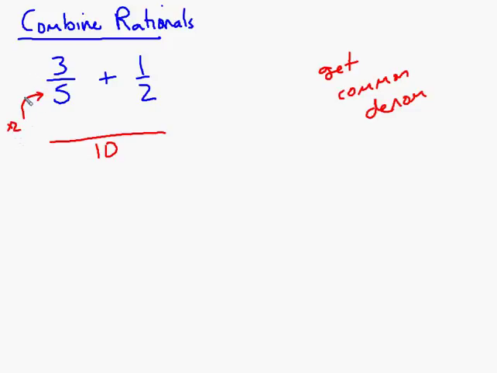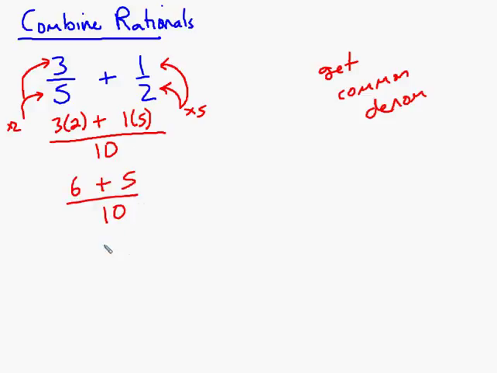Which means I also need to multiply my numerator by 2. So it would be 3 times 2 on top. Plus, what do I need to multiply this second fraction by? 5. Times 5, which means I need to multiply also the numerator by 5. So 1 times 5. All right, so we have 6 plus 5 over 10, which is 11 over 10, and we're fine with that.